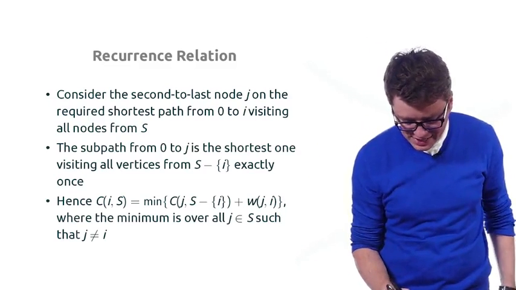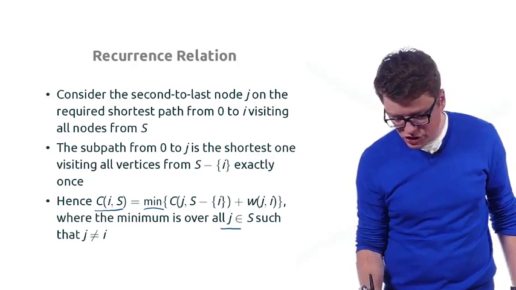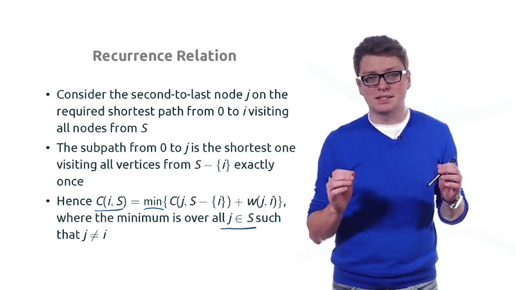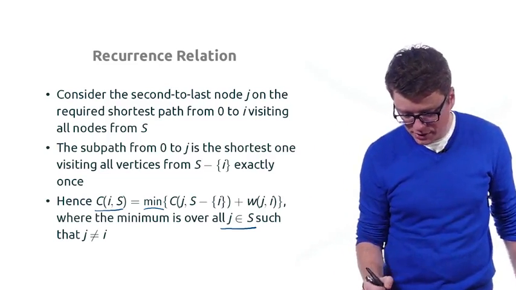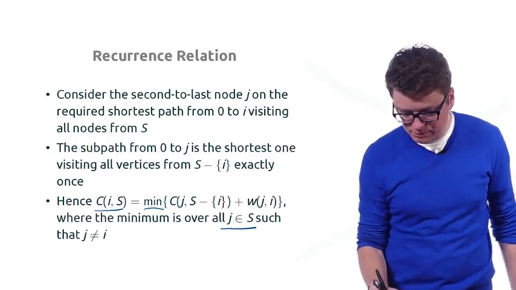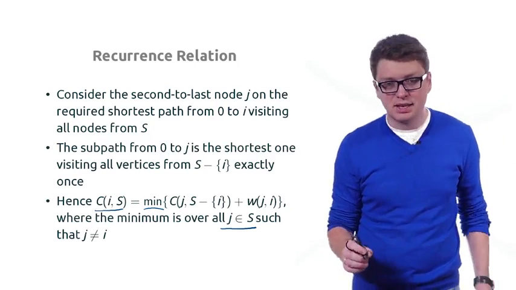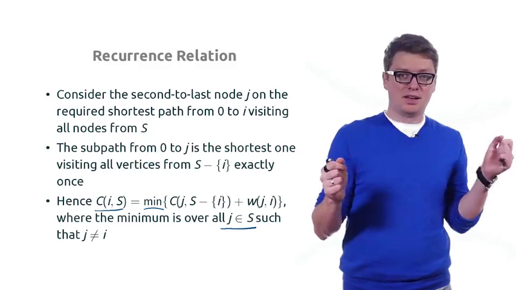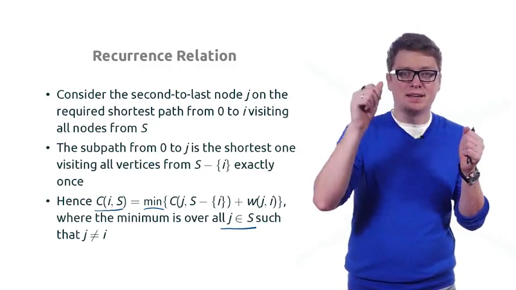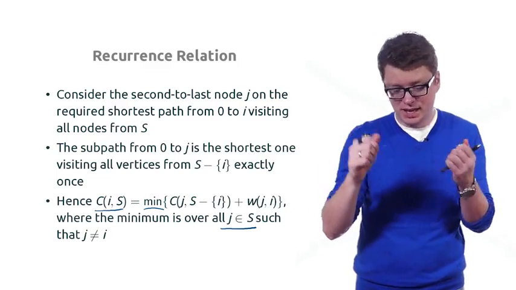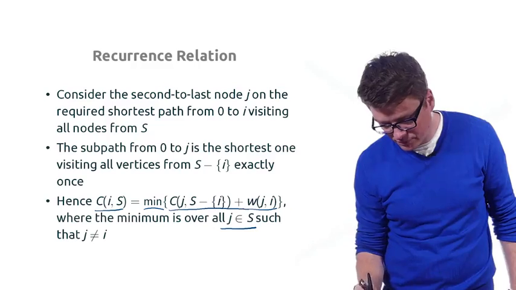So C of i, S is equal to the minimum over all j that belong to S and that are not equal to i, over the following sum. So it is C of j, S minus i. So this is the same as starting at 0, visiting all nodes in S except for i and ending at j, and then traversing the edge j i.